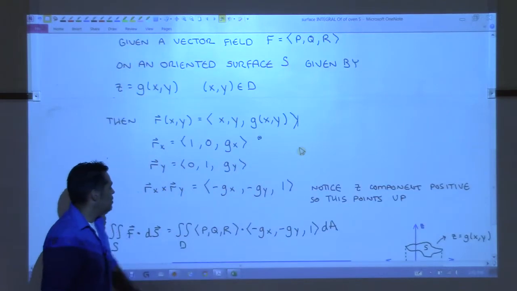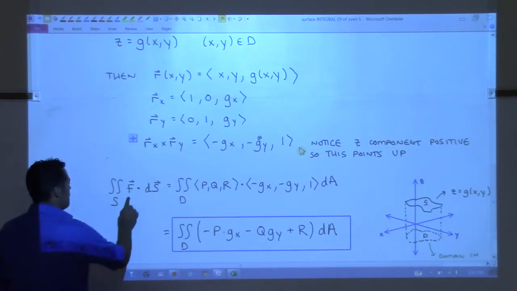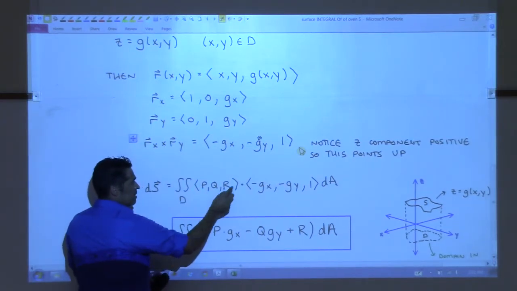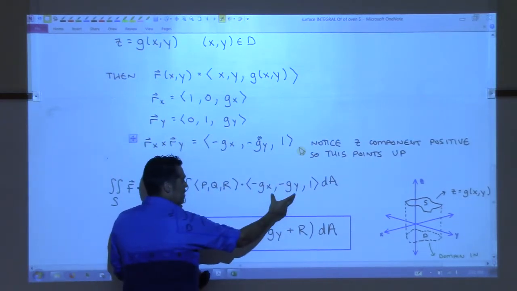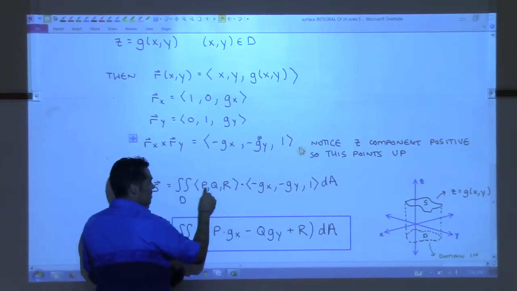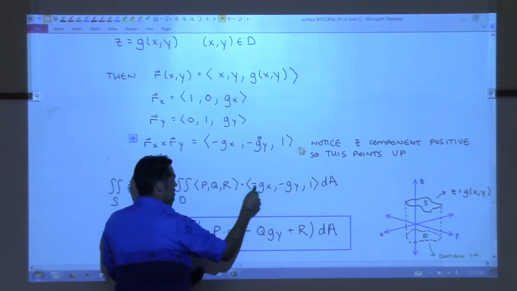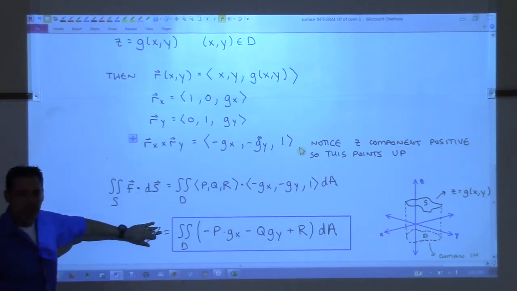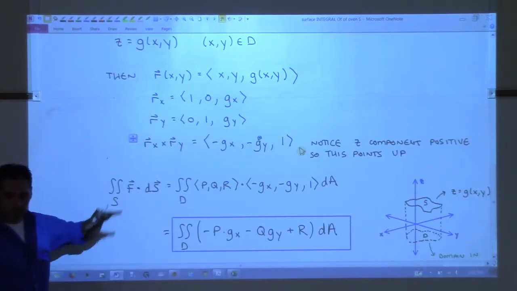So when you plug that into our formula, you're supposed to take our field dot dS. This is our field. We're dotting it with the cross product, and when you cross those, you wind up just multiplying this times this, plus this times this, plus this times this, and you get this. So this is our shortcut formula when our surface is a function of x and y.